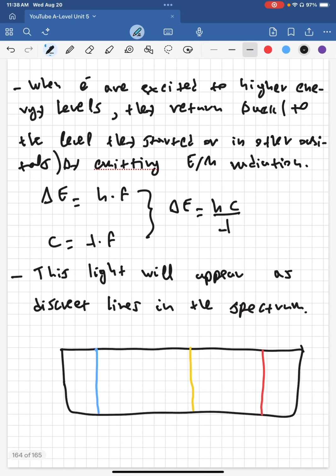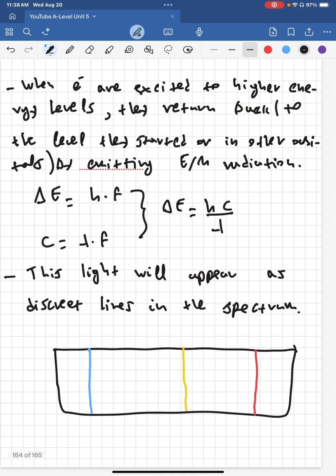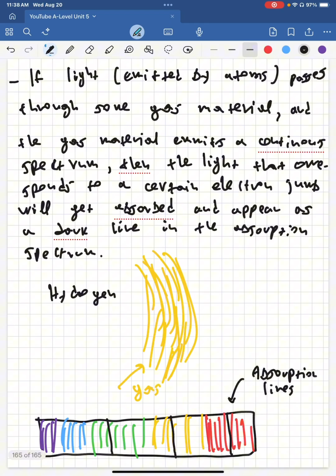So if this over here was the spectrum of hydrogen or any other atom, then if we get the spectrum for that atom from the sun or other stars, we'll see lines like that. Those dark lines. And why do we have those dark lines? Because those wavelengths are absorbed by the atoms of this gas over here.